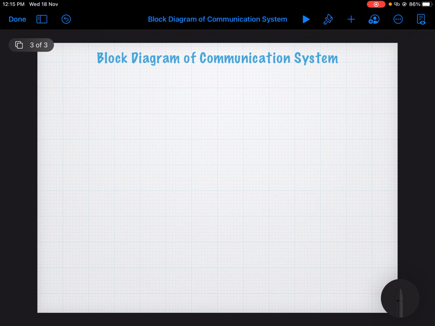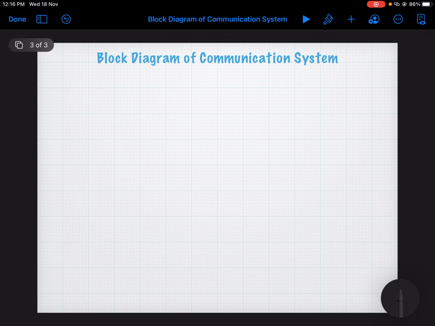So in this video I'm going to talk about the block diagram of communication system. For this purpose I will give you one example to give a big picture of how the communication system overall is functioning.